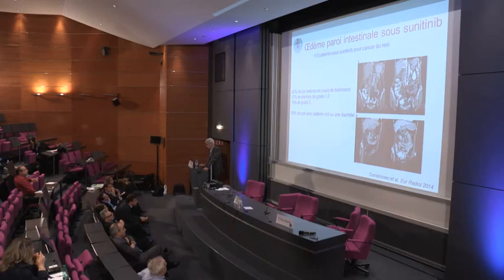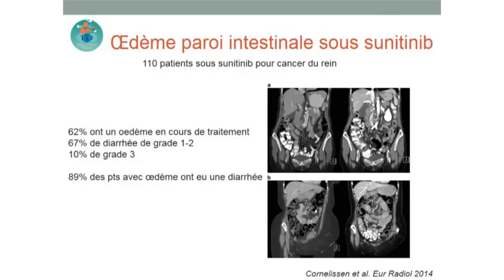You see here a thickening of the mucous membrane, and here, in part of the ileum, you see edemas in that section as well. So 62% had an edema whilst on treatment, 67% had a grade 1 or 2 diarrhea, 10% had a grade 3 diarrhea, 89% had edema-related issues.